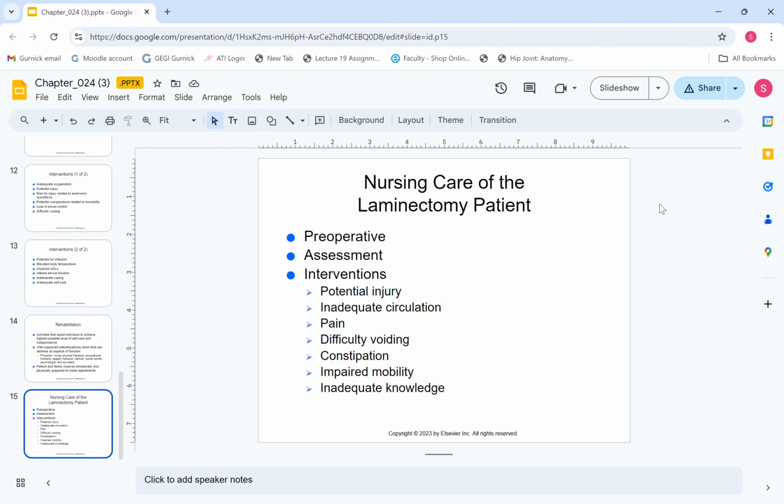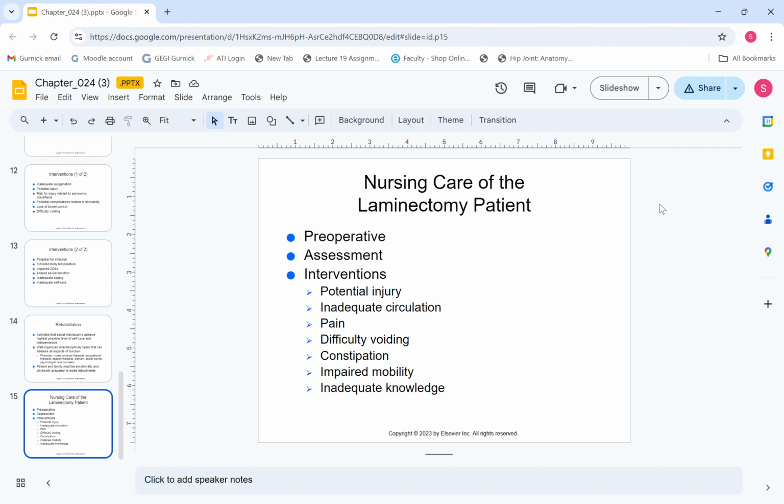They're going to be on a ventilator, most likely. Remember, at or above T6, we're going to have issues with autonomic dysreflexia. So at least know those important two areas: when do we need a ventilator, and when do we have to worry about autonomic dysreflexia?